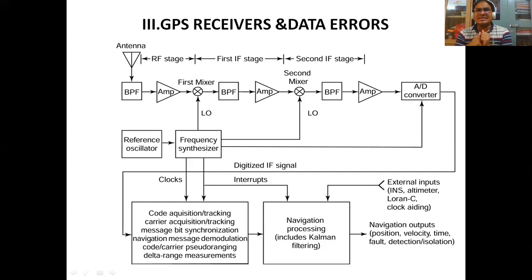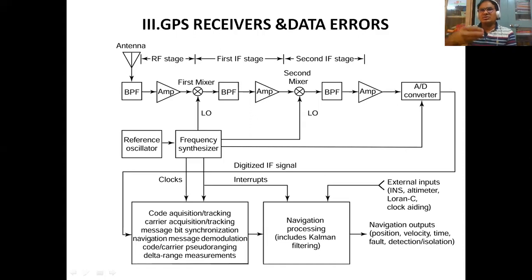Now this signal is not received in digital form. It is received in the form of an analog signal, which is modulated with the L1 and L2 carriers, and of course modulated by the pseudo-random noise codes, that is the C/A code and P code. It has been sent by a transmitter, that is a space vehicle or simply a satellite in the constellation, in the form of an RF signal.